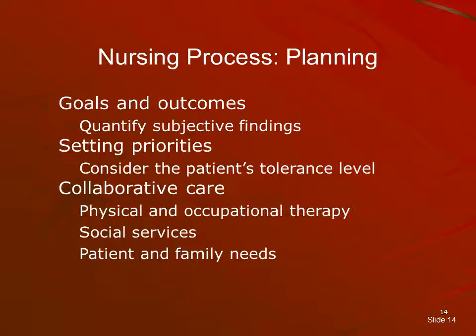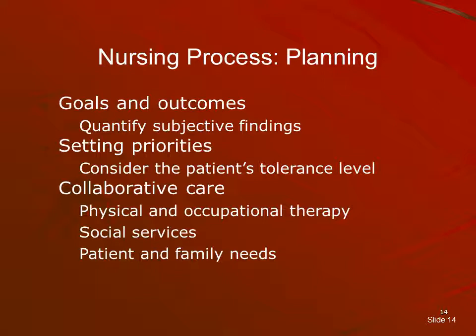When we talk about the third part of the nursing process, planning, we're going to talk about goals and outcomes, and we need to make sure that we're quantifying these subjective findings. So all goals need to have measurable outcomes for you to be able to determine whether they have been met.